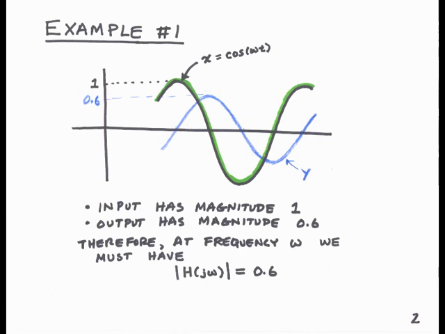Since the input had magnitude 1 and the output has magnitude 0.6, we know at this particular frequency omega that the transfer function relating the input and the output must have the absolute value of H of j omega equal to 0.6.